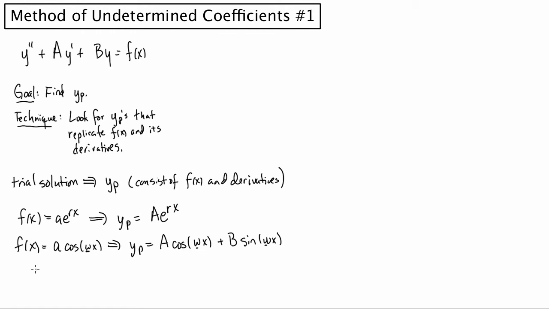All right. What if we have a polynomial? So say, for example, that we're looking at a0 plus a1x plus, let's just make it an nth order polynomial. Then the trial solution in that case will be a polynomial of the same degree with different coefficients.